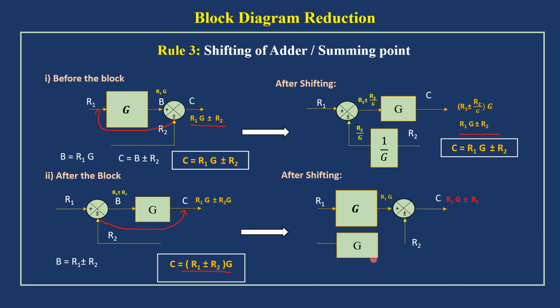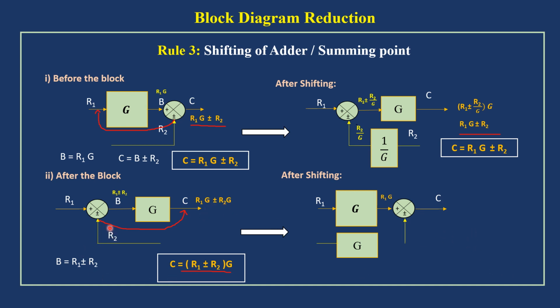If we include the G block and give the input signal before that, so if R2 is given for that block, the output will be equal to R2G. Now the summing point output is R1G plus or minus R2G. So see here, R1G plus or minus R2G. Now the output is maintained the same.